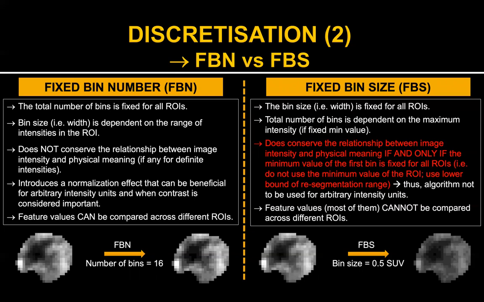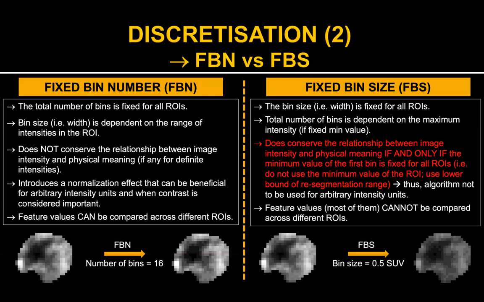So it introduces a normalization effect, but it does not conserve the relationship between image intensity and physical meaning, for example, Hounsfield units. But features can be compared across different ROIs because they all have the same number of grid levels. Then another way of doing discretization would be to say, using the fixed bin size technique, FBS, that the bin size, the width, is fixed for all ROIs.